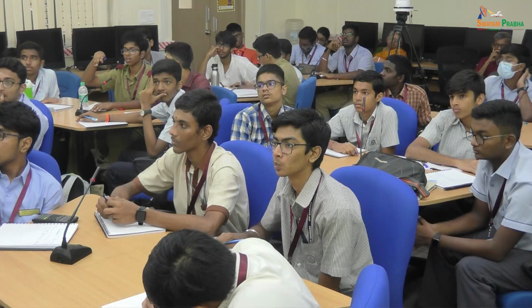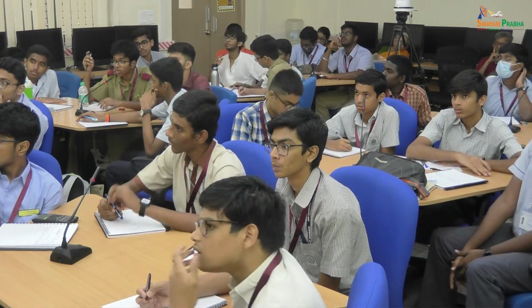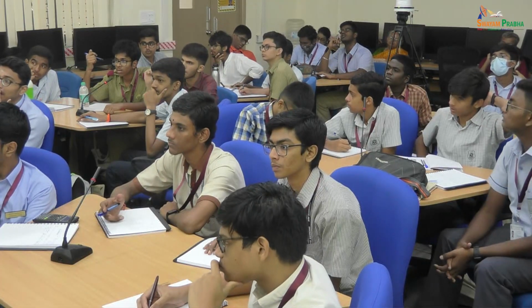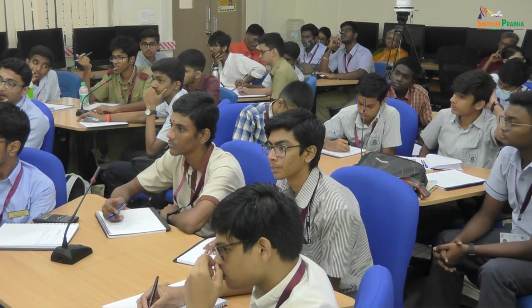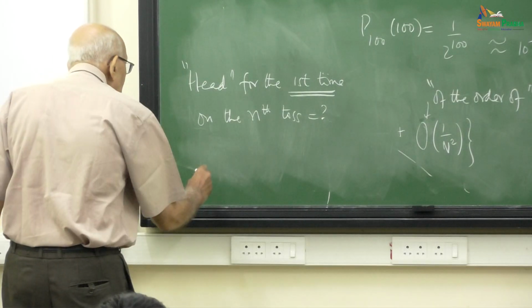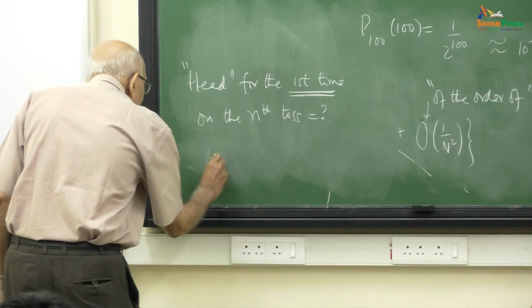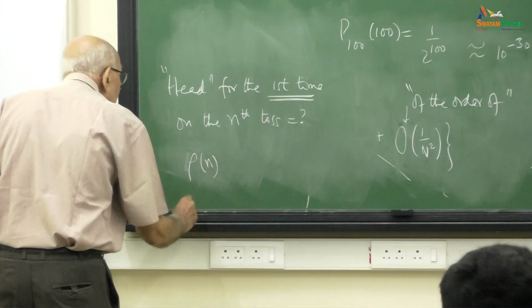So what's the probability that you get a head for the first time on exactly the nth toss? Let me call it P of n. P is a bad symbol to use. I've already used capital P. So let me be fancy and call it rho of n.